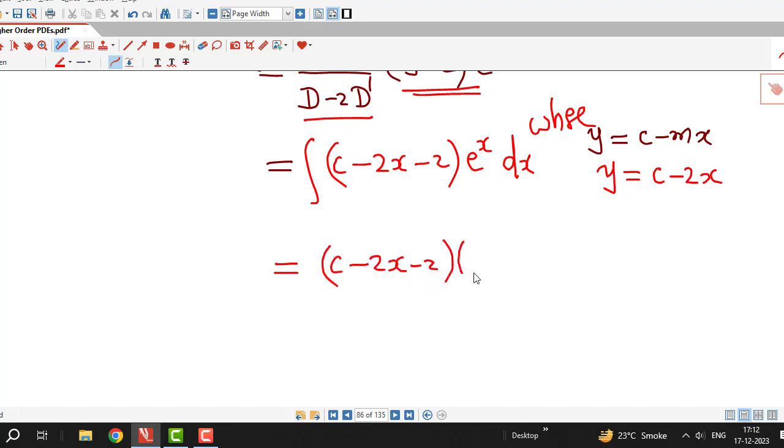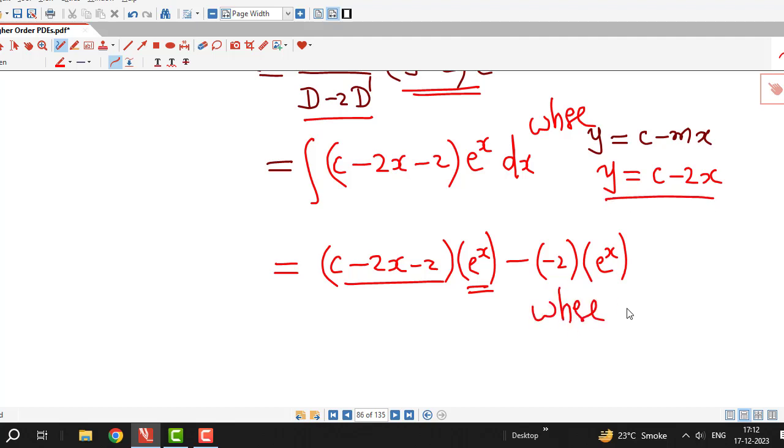This is as it is, integral of e raised to x is e raised to x, minus integral of this bracket with respect to x, which is minus 2, into integral of e raised to x is e raised to x. And here we keep in mind that from this we have c equal to y plus 2x.